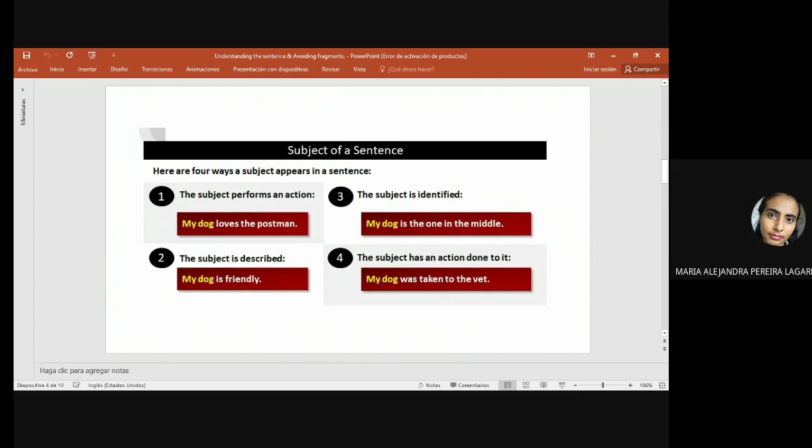My dad is the one in the middle, and we can situate the subject in one place, in the middle of something, and at the end the subject has an action. My dog was lying on the bed.